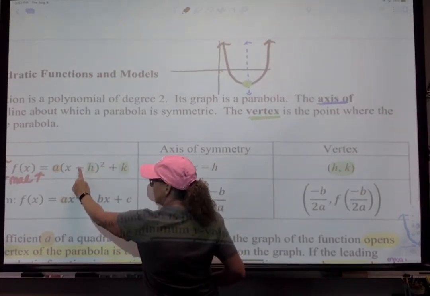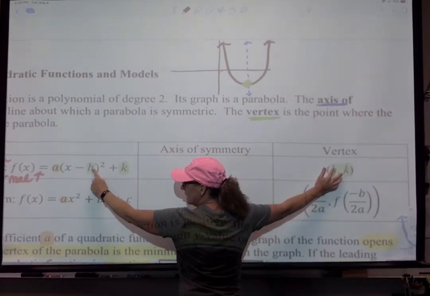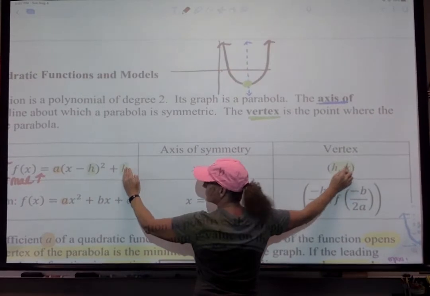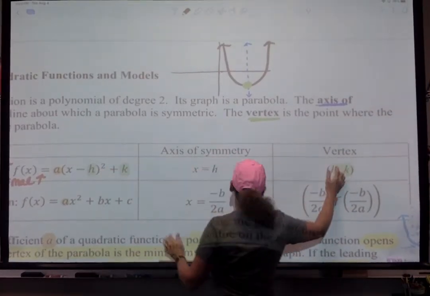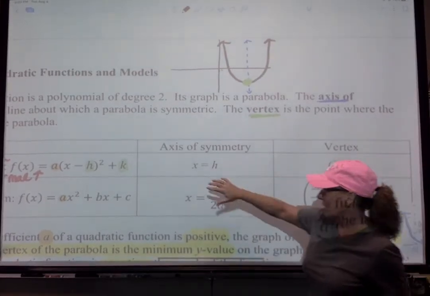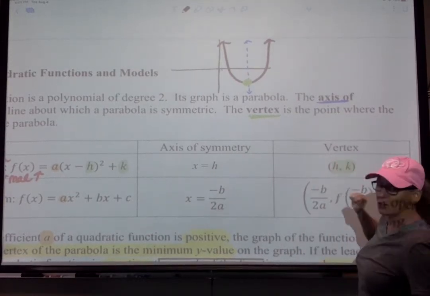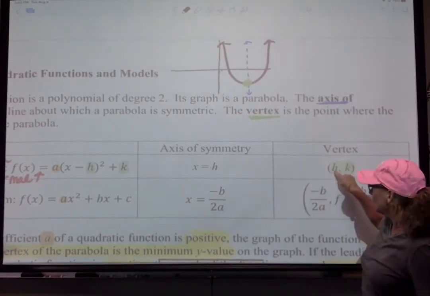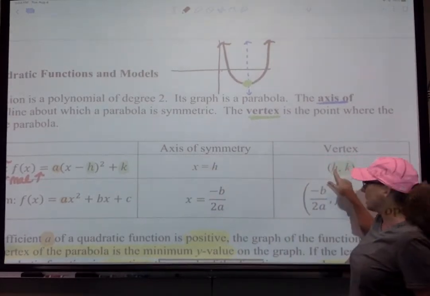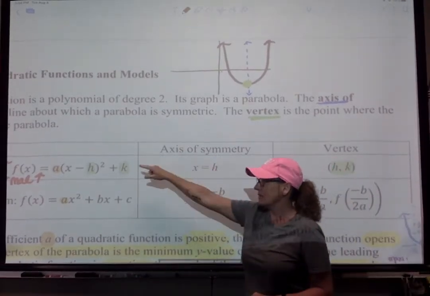As long as this is a minus, this number right here is the x-coordinate of your vertex. And then whatever this is, if this is plus a k, then your y value is positive. If this is minus k, then your y-coordinate is negative. So that's where your vertex is located. And then your axis of symmetry is always just a vertical line, x equals, a vertical line at that x-coordinate. Really easy if you're in vertex form.